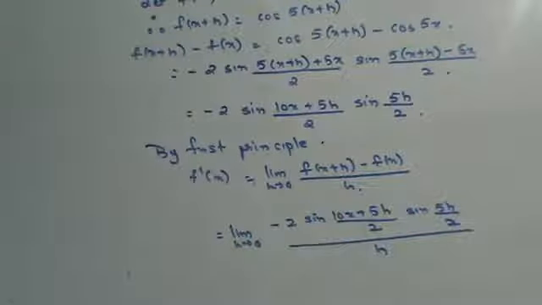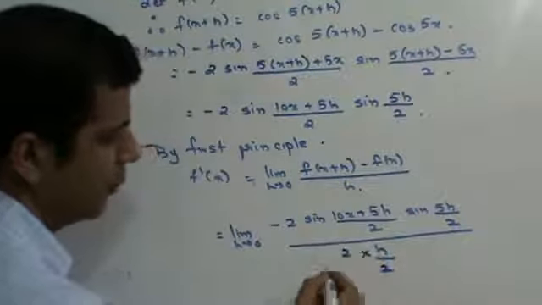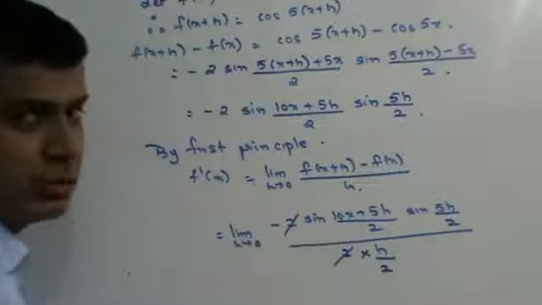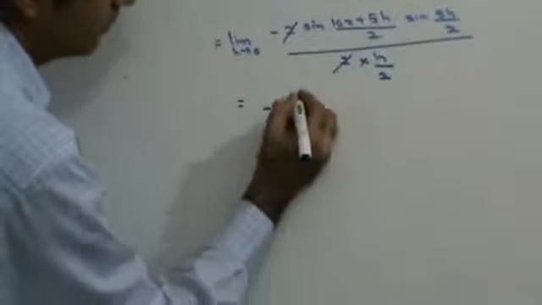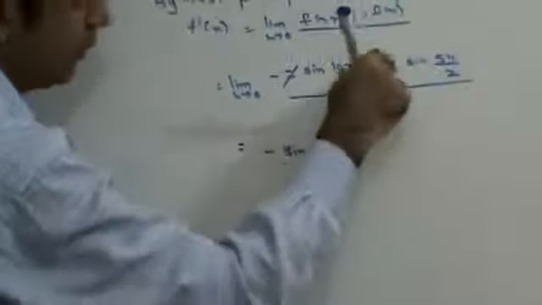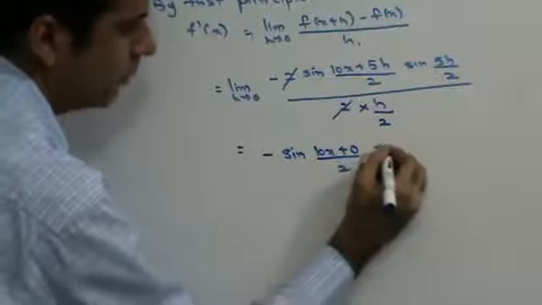Divide by 2, multiply by 2. This 2 and this 2 get cancelled. Now this is going to become minus sin of (10x plus 0) divided by 2.